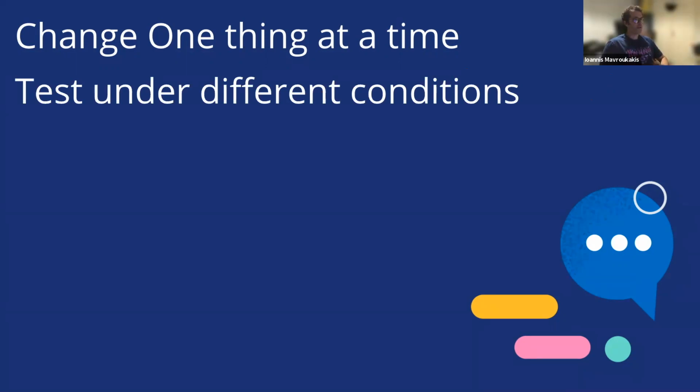But combine all these things. Again, observe rule number one, change one thing at a time, but test under different conditions, okay? Also make sure you, depending on your load, obviously, test whilst you're writing to the index. You might find that the results can be very surprising, okay, whilst you're running your tests.